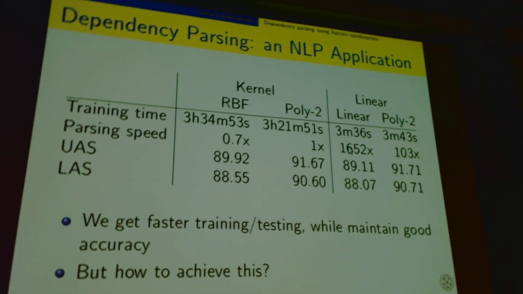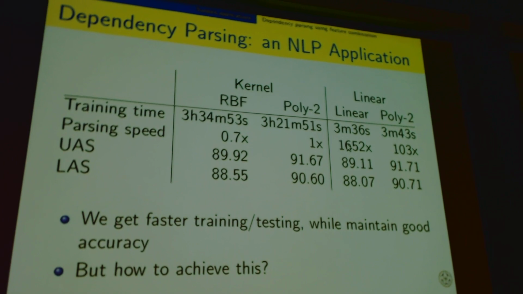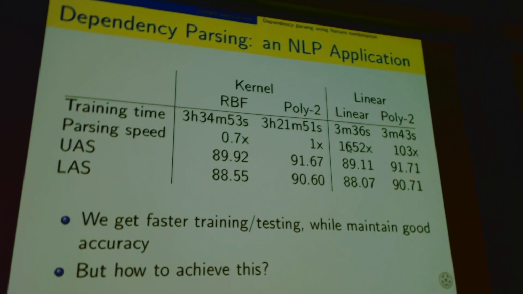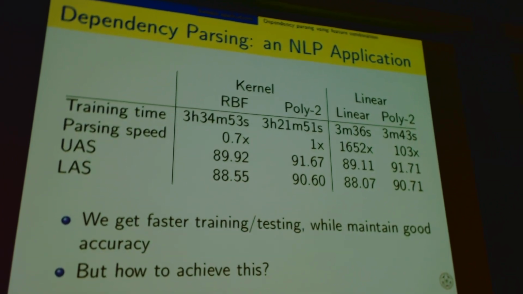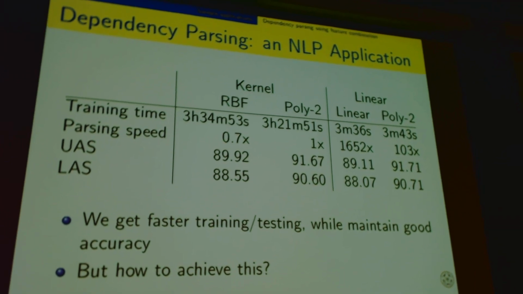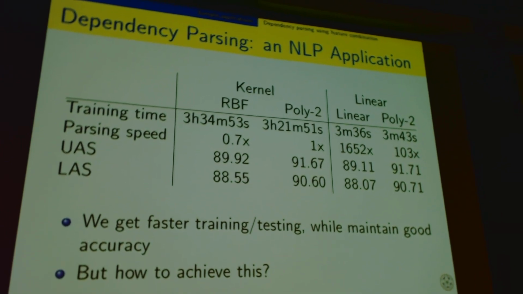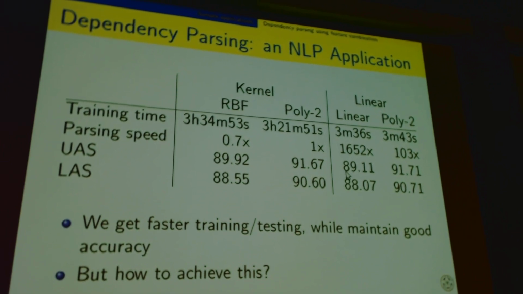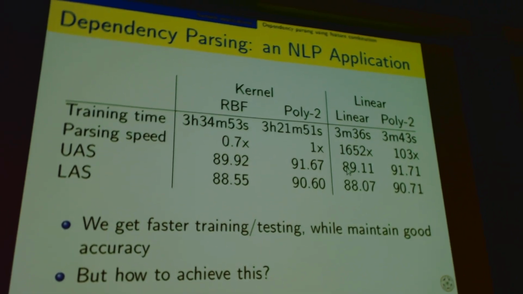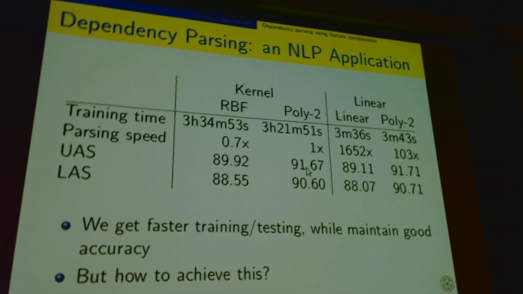And how about testing speed? That's even better, almost 2,000 times faster. The reason is obvious: you only need one inner product, but for kernel you need many inner products. However, the accuracy is not good enough. Now this is only 89, that's 2% worse than if you use degree 2 polynomial.